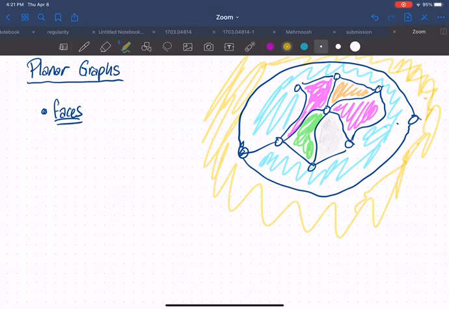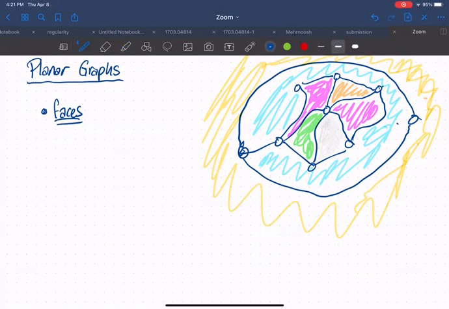That thing is usually called the outer face, and all of those other ones are called inner faces. So when I have a planar drawing of a planar graph, then that drawing has edges and vertices just like the graph does, but the drawing itself also defines these faces. Okay. So they're sort of an important thing that we're going to study today.